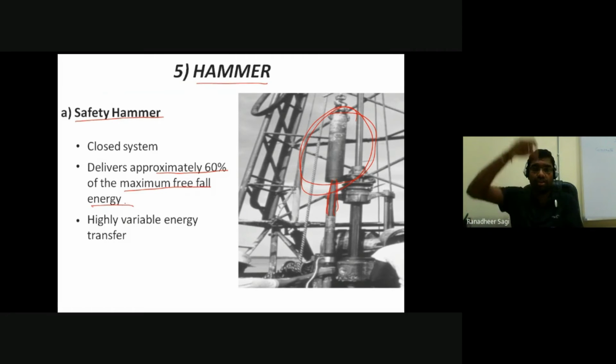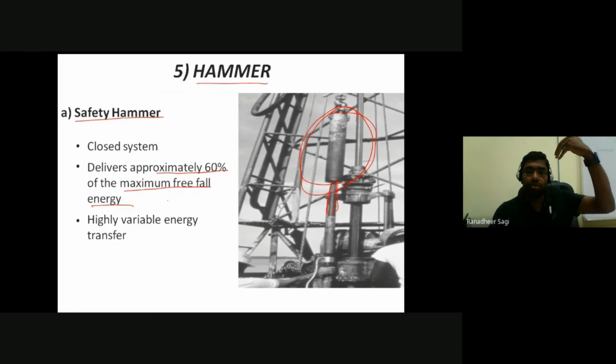If it is freely allowed to fall, 100% of the energy was supposed to be transferred. But because of this guiding system and the resistance between the guiding system and the hammer, which are in contact, it is assumed that only 60% of the maximum energy is transferred onto your split spoon sampler, and because of that 60% of the energy your sampling tube is getting penetrated into the ground.